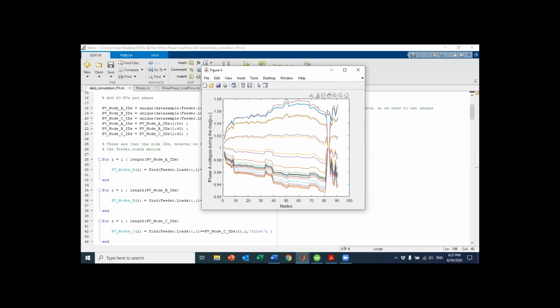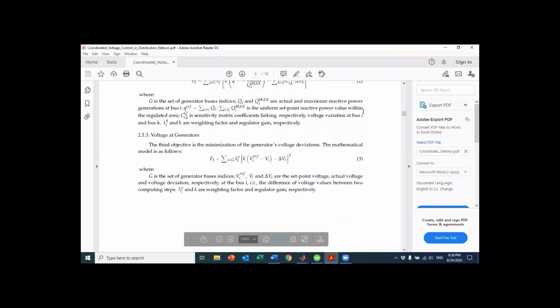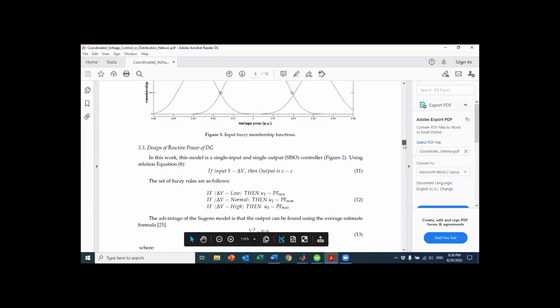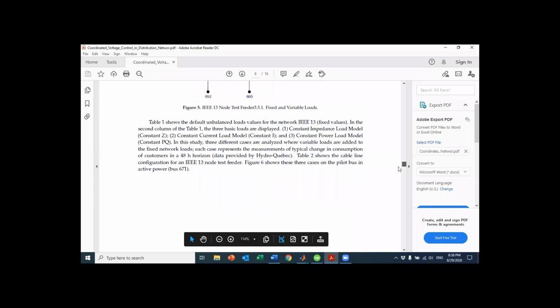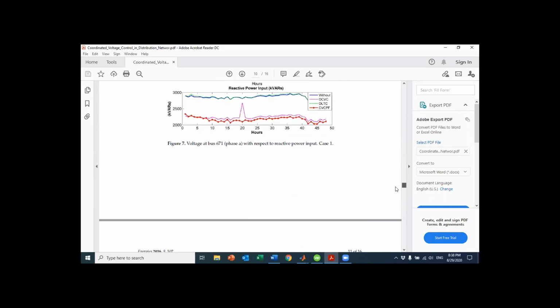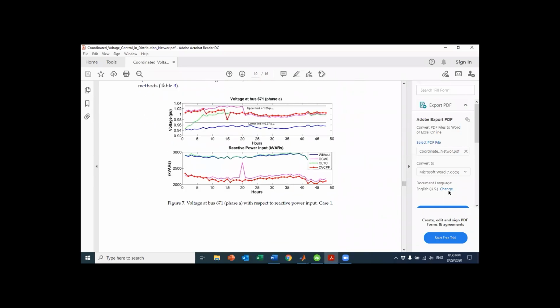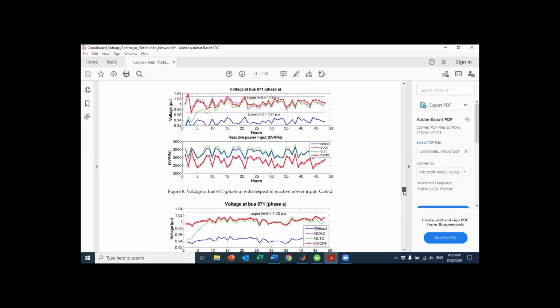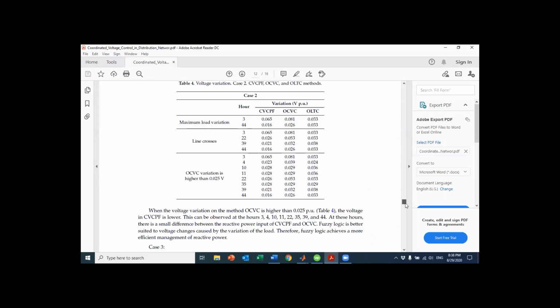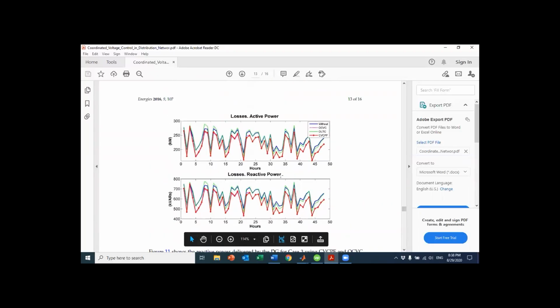So it's not a large overvoltage, but it's still larger than the predefined limits. However, the important thing to notice is that in the paper, they didn't treat the voltages of other nodes in the system at all. So they only show the voltages of the pilot buses and of the generator buses. They don't show the voltages of other nodes in the system. So it's a question whether they implemented it or not.